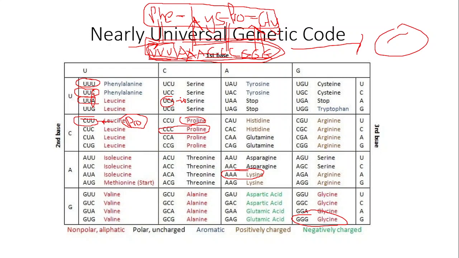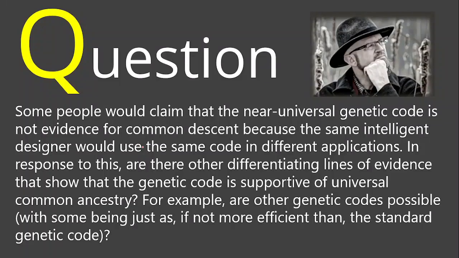If different organisms had very different codes, it would be strongly suggestive that they don't have common ancestry, because they would look like separately created things with their own unique codes. That's one thing I think is interesting to think about.